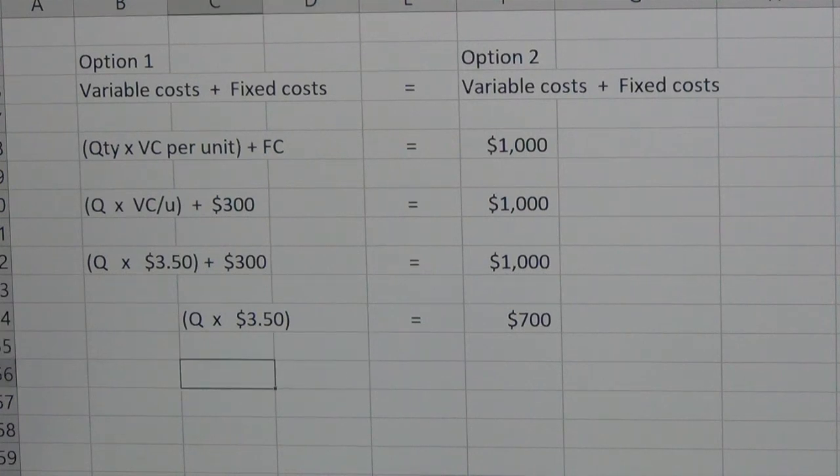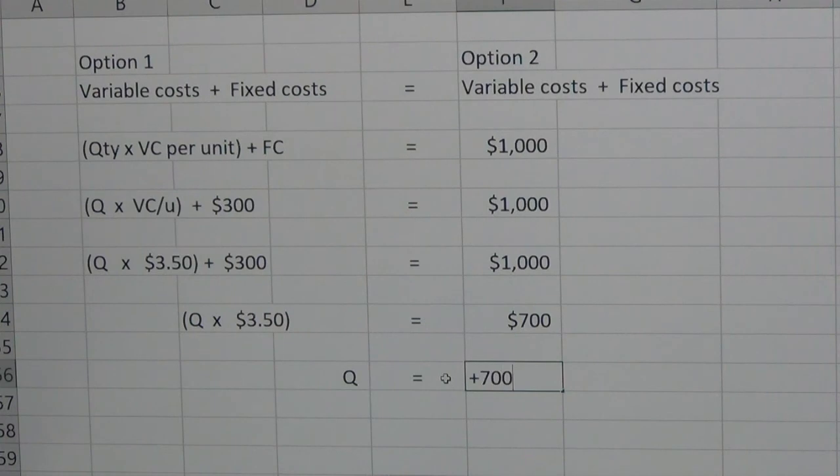So Q will be equal to $700 divided by $3.50. 700 divided by 3.5. We're solving for Q. That comes up with 200 units.